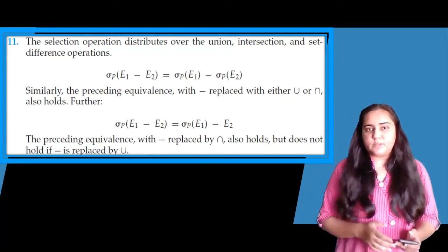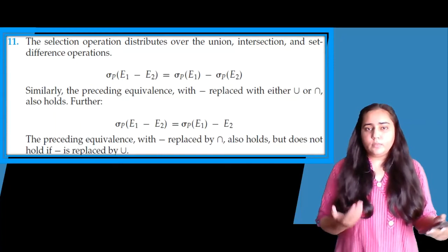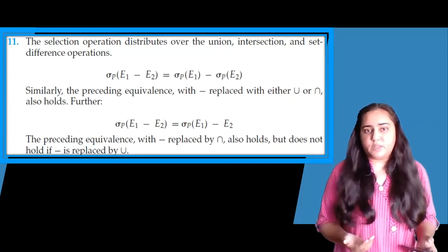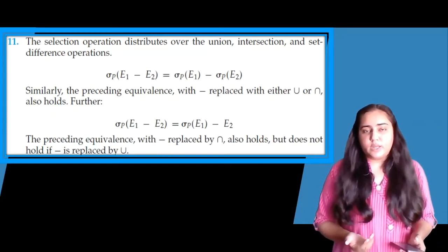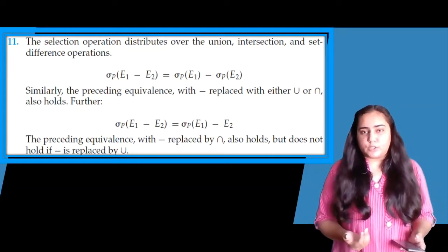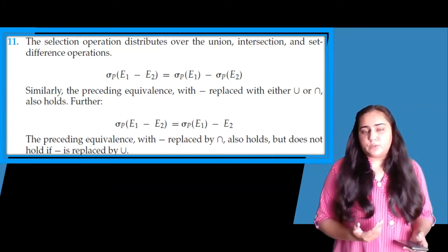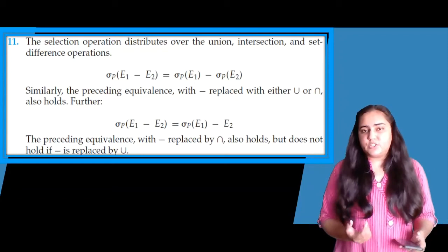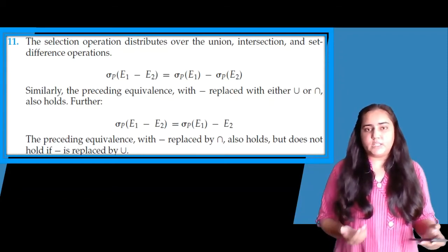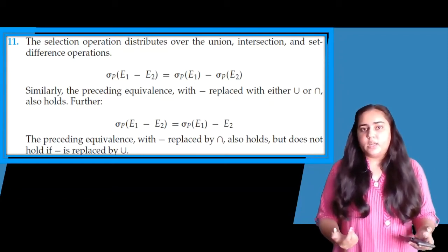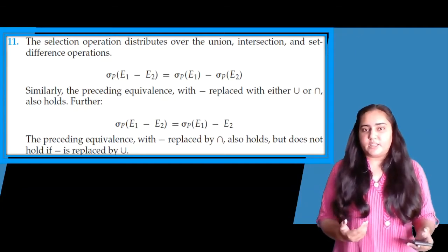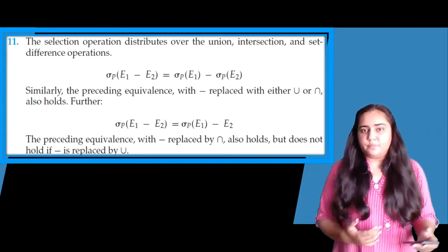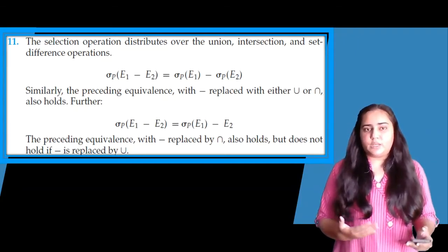There are 2 tables, E1 and E2, and I'm doing a set difference between them. So I'm doing E1 minus E2 and then applying the select condition. Now I can distribute the select condition to each table individually by writing sigma p on E1, and then from there I can subtract sigma p on E2. So the select condition can be distributed.